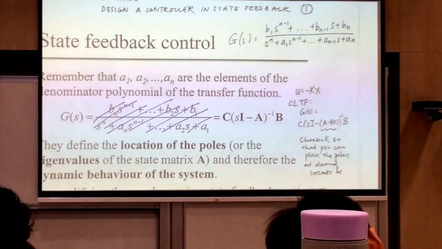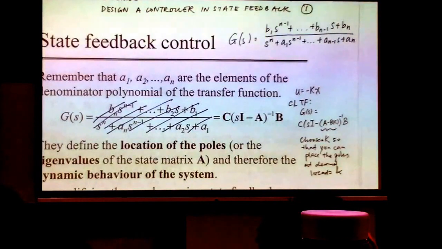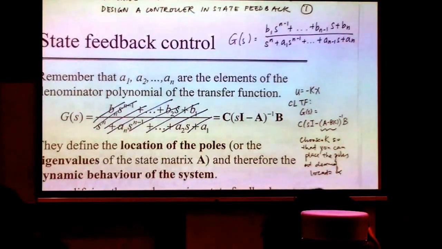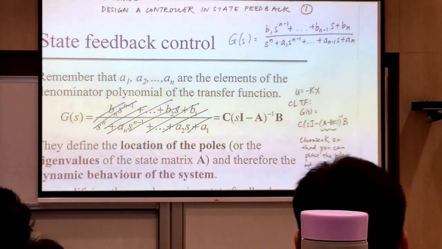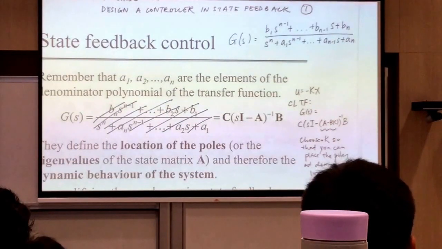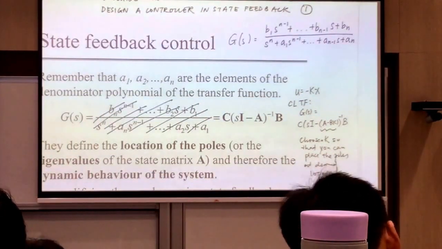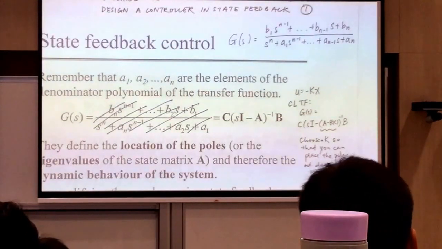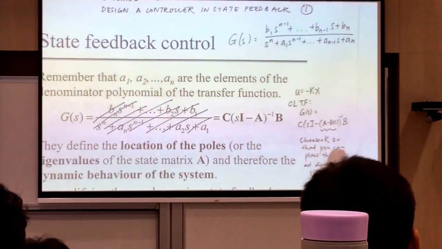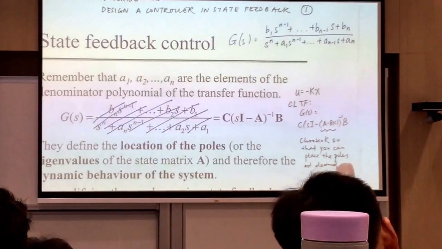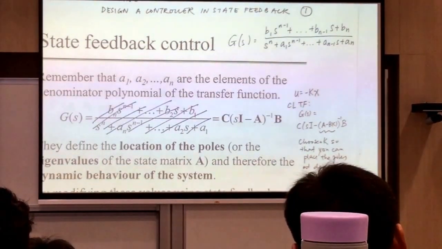Choose K so that you can place the poles at desired locations.